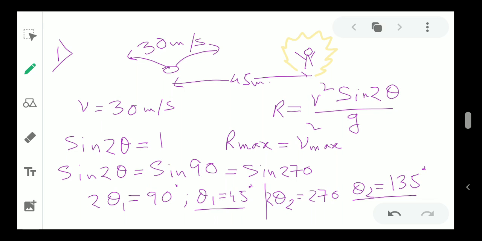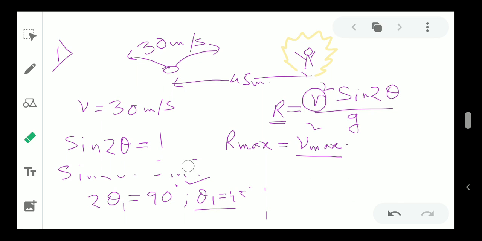Because of this, we can see that R can be maximum in two situations for a single velocity. Now I am taking the velocity to be maximum, so I am writing these two values, theta 1 and theta 2, for which R will be maximum.